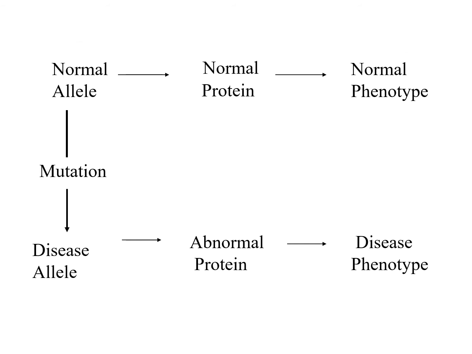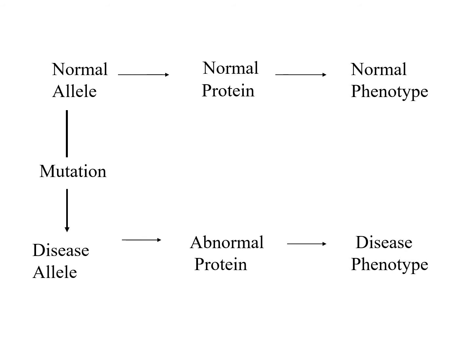So in this flowchart here, we see at the top a normal version of a gene is the instructions for making a protein, and that normal protein has an important function and it results in a normal phenotype.